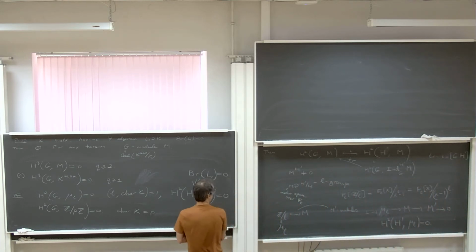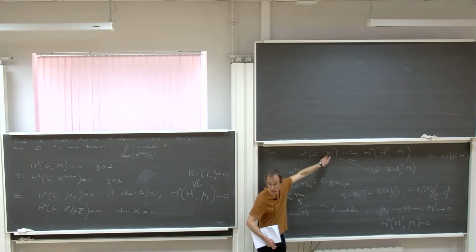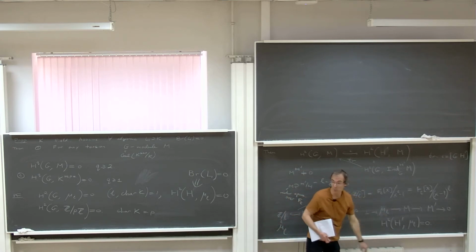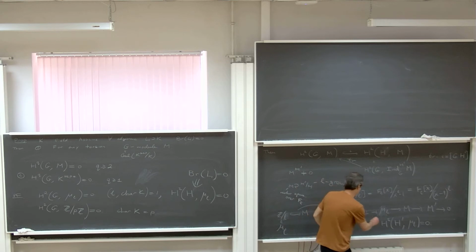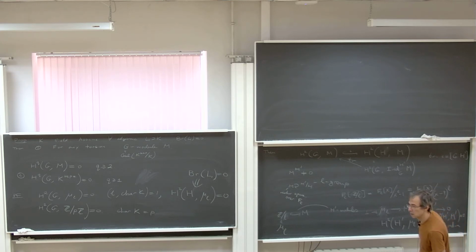So I want to prove that this group is 0, and now I can argue by induction on the order of M, right? So M prime has smaller order. H2 of H prime with coefficients in M prime is also 0 by induction. No, just because it's the same argument.